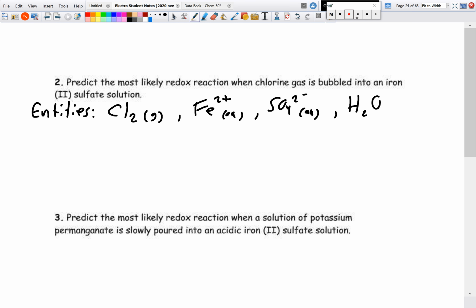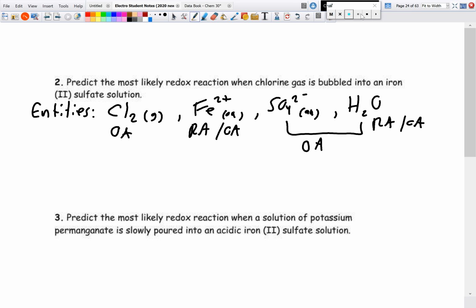Pause the video and see if you can find all these here, but once you go through, you'll find chlorine is an oxidizing agent. We've got iron 2+ is a reducing agent and an oxidizing agent. SO4 2- pairs up with H2O to be an oxidizing agent, and water is a reducing agent and an oxidizing agent.